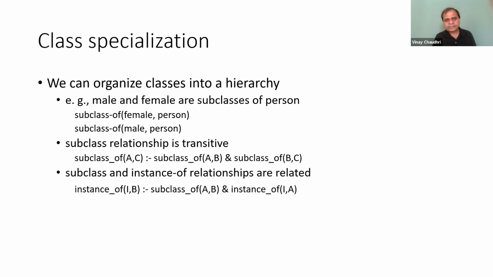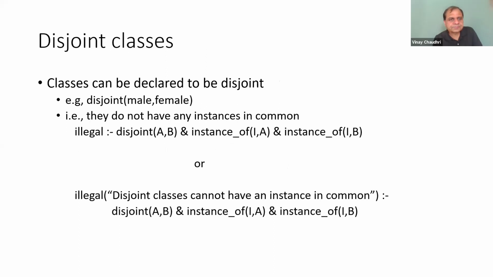So for example, if A is a subclass of B and B is a subclass of C, we can conclude that A is a subclass of C. And then subclass and instance of are also related to each other. The rule shown next captures that relationship, which essentially says that if A is a subclass of B and I is an instance of A, then I must also be an instance of B. So this inference would naturally follow from the definitions of subclass and instance of.